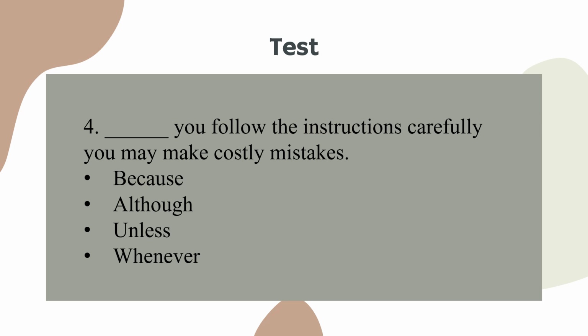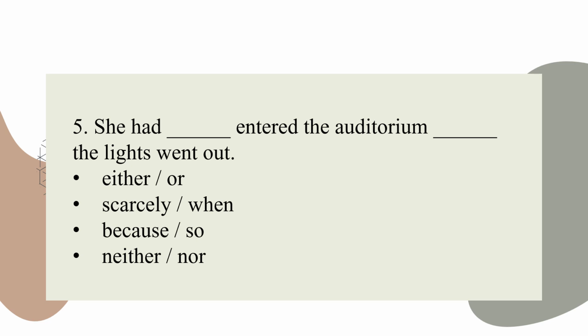Number 4. Dash you follow the instructions carefully, you may make costly mistakes. Options given are because, although, unless, whenever. The correct answer would be unless. Number 5. She had dash entered the auditorium, dash the lights went out.